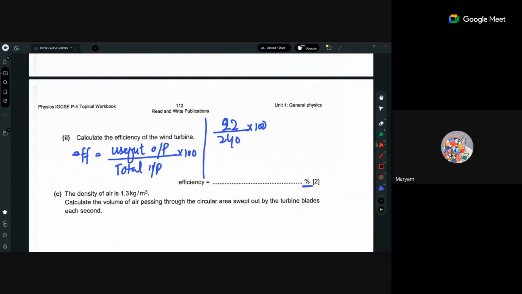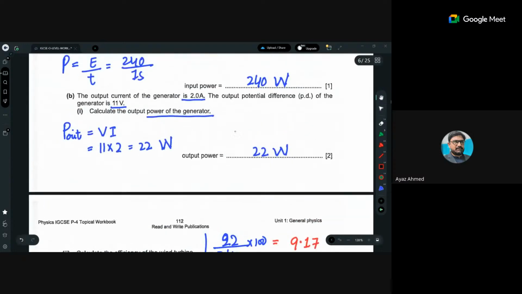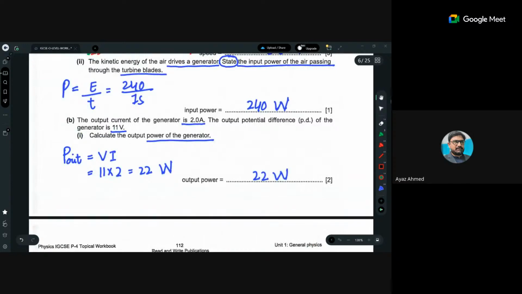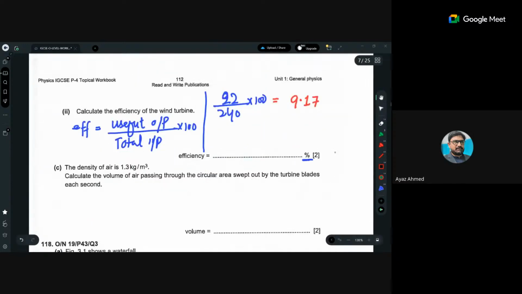0.166, so 9.17 after rounding off. You will round it to two significant figures. Here you see 2.0 and 11, there are two significant figures, so you cannot write three significant figures.